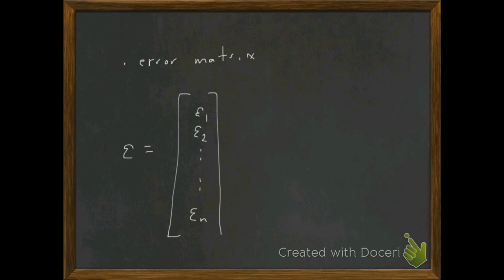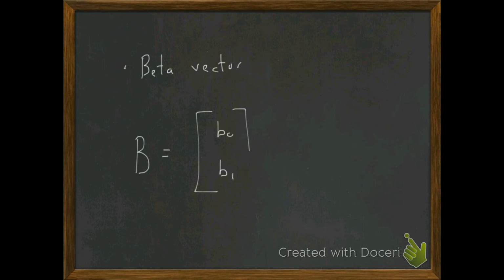So the error for each term. And in many ways the most important is our beta vector. And we'll usually call this B. And we'll have this notation.